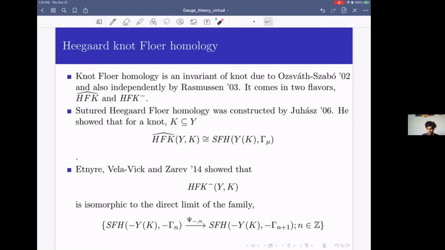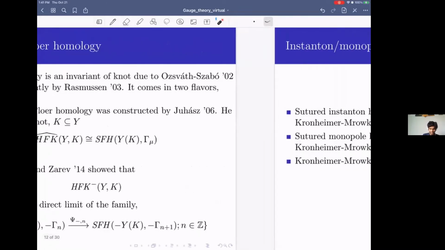Now, why are we discussing this? The reason is, on the instanton Floer side, we do not have independent definitions of knot Floer homology. So these isomorphisms in Heegaard Floer will be the definitions in instanton Floer homology. So now let's look at the instanton Floer side.